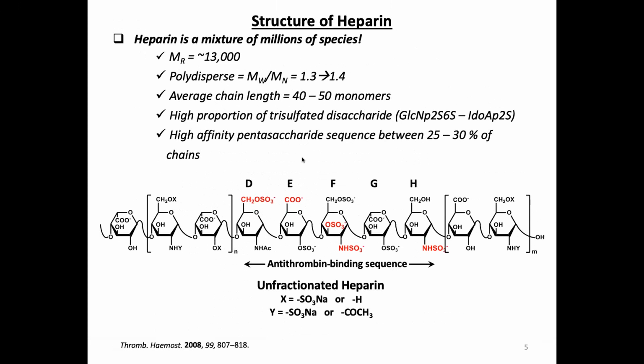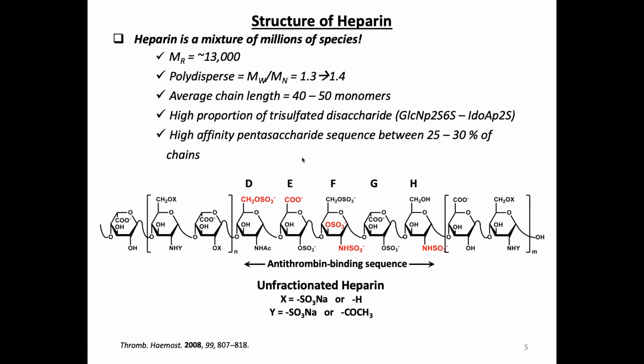Only in 1/3 of the chains would you get this kind of sequence, which is called the antithrombin binding pentasaccharide sequence. This sequence has a glucosamine carrying 6-sulfate, a glucuronic acid carrying, this is also not correct. This should be OH.